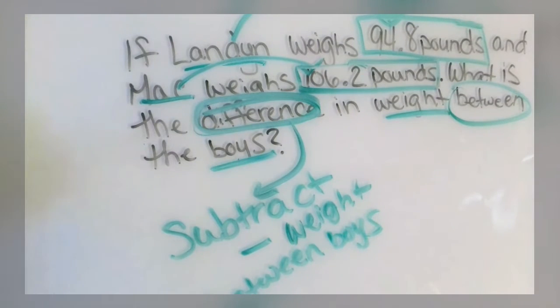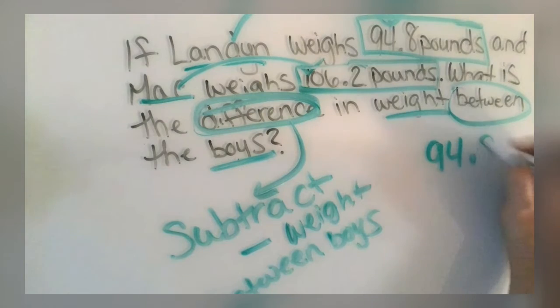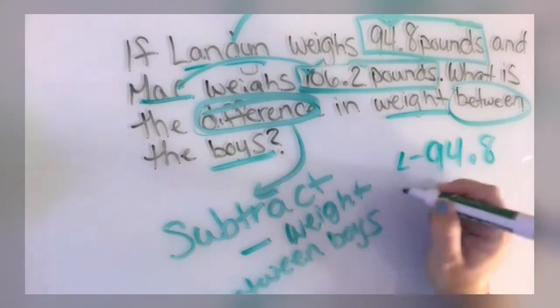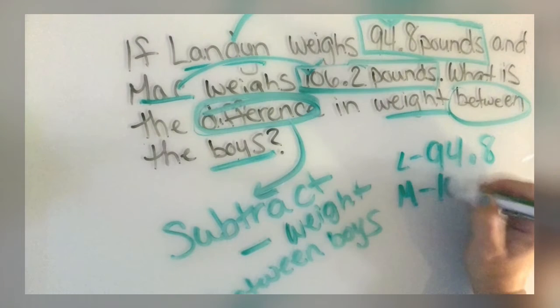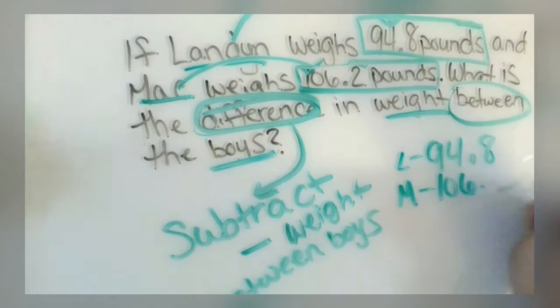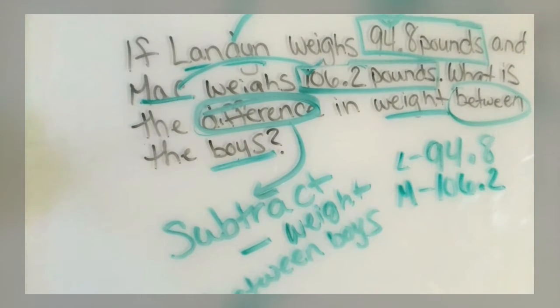So we know that Landon is 94.8, right? And we know that Mac is 106.2 pounds. But we need to subtract. So in order for us to do that, I'm going to move my camera down just a little bit so we have more room to write.